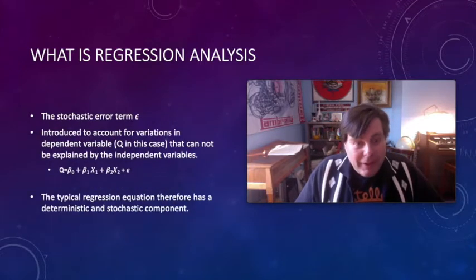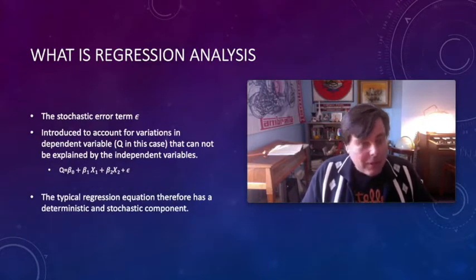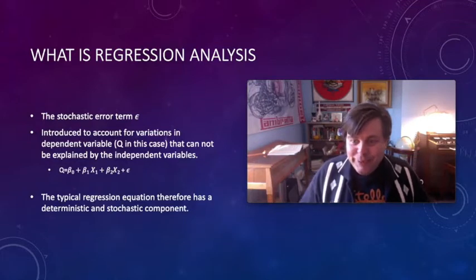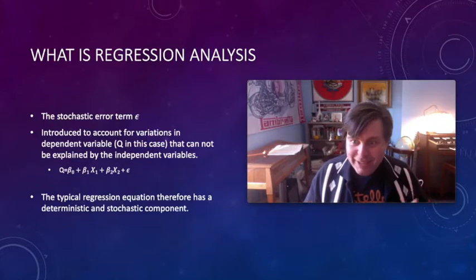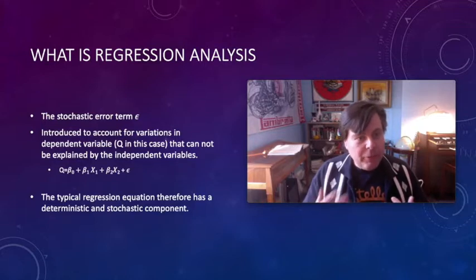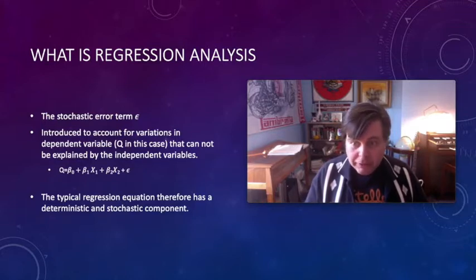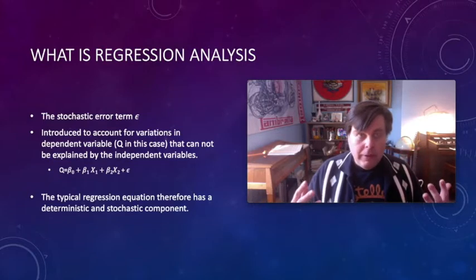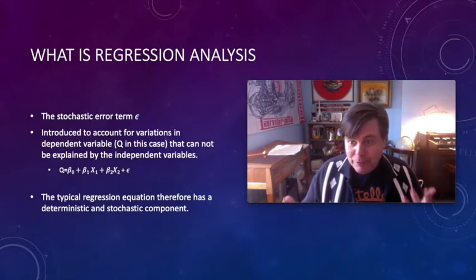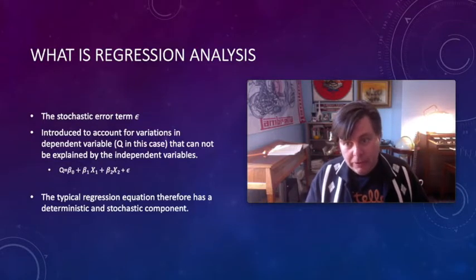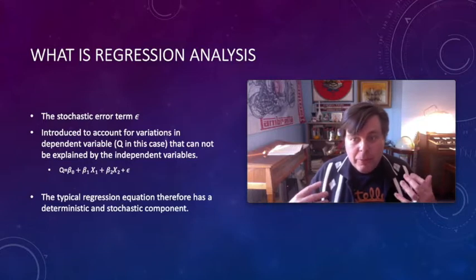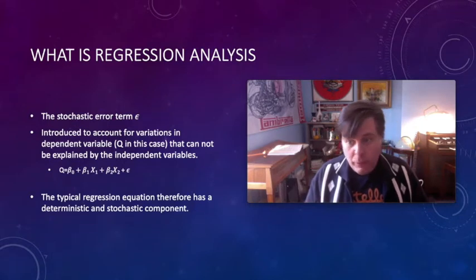Now, because we're estimating things, what we're doing here isn't creating truth with a capital T. We're estimating relationships. As a consequence, we introduce this idea of a stochastic error term. Stochastic, I'm going to be brief here, so experts, please forgive me, is essentially a specific type of randomness. So we're going to assume that errors in our estimation are a specific type of random.